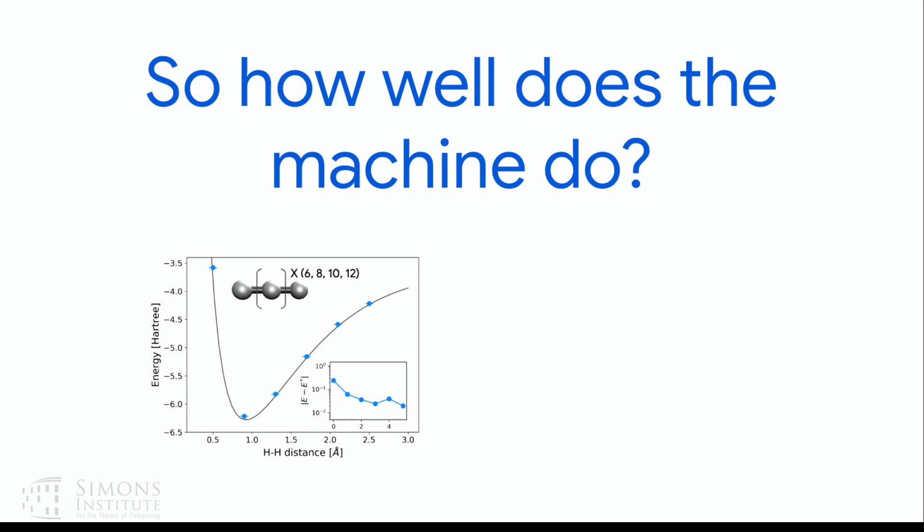And I should probably first say, what did we actually do? So we did a couple things. One of them is we made more of these curves, hooray. But this time, it's not just for molecular hydrogen with 2 hydrogens, but we actually looked at a series of different hydrogen chains. And we did H6, H8, H10, H12.